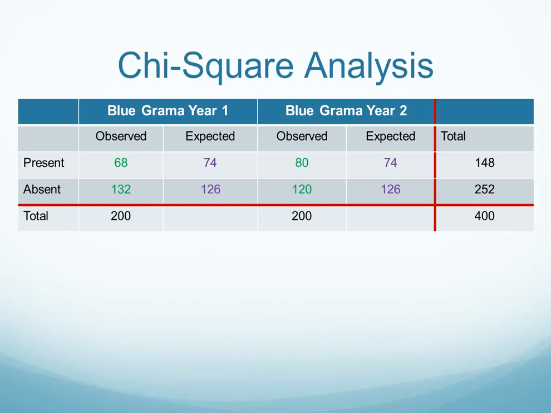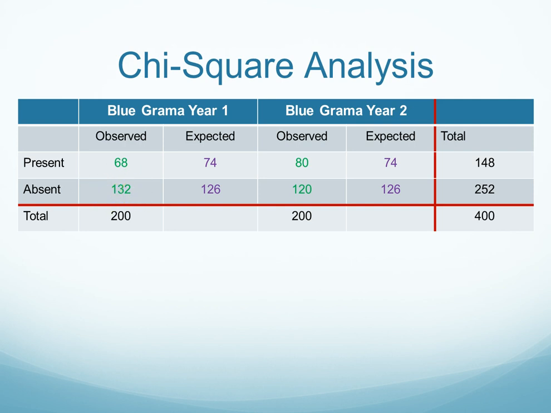Again, here we're looking at the example we had before with blue grama in year 1 and year 2. In year 1, we had 34% frequency of blue grama. Remember that that was measured with 200 quadrats, and so the number of quadrats in which it was present was 68. The number of quadrats in which it was absent was 132.